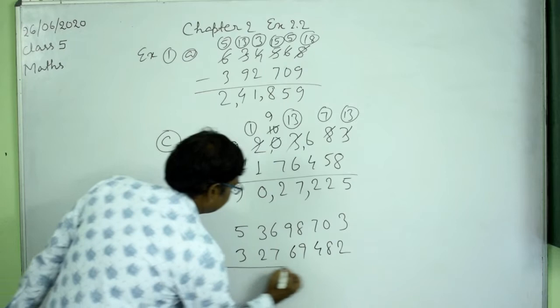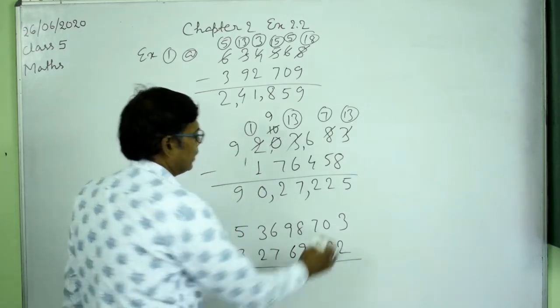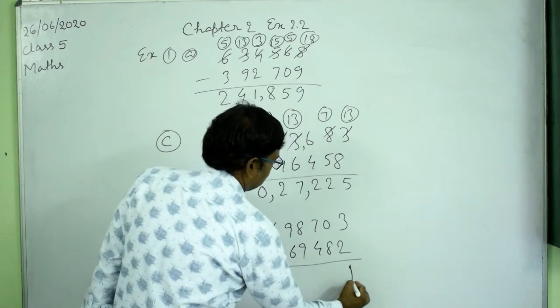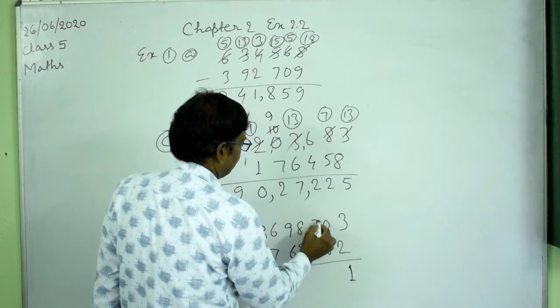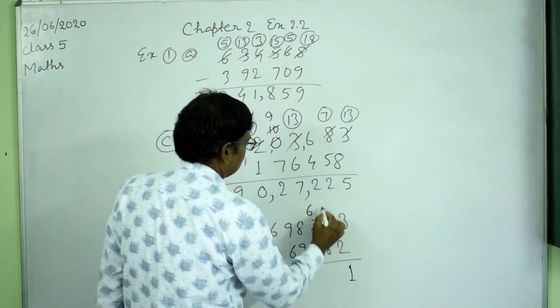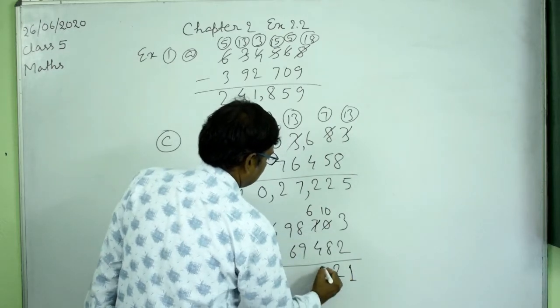So this is the number, and subtract these two numbers. So 3 minus 2 is 1, and here 0 and 8 here. So take borrow from this 7, so you will have 6 here, and it will be here 10. So 10 minus 8 will be here 2, and 6 minus 4 will be 2 again.